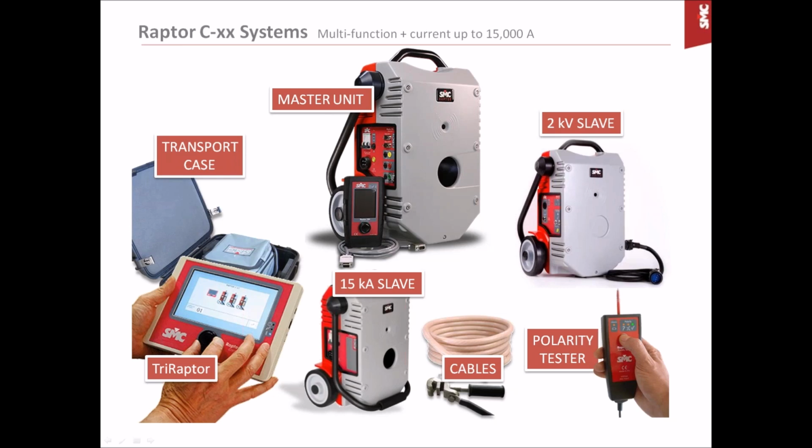Okay, and also the Raptor will not detect if any receiver or any element is connected to these outputs. So you must make sure that the auxiliary output is open when you are using the main output, and vice versa. So the main output should be open if you are using the auxiliary.